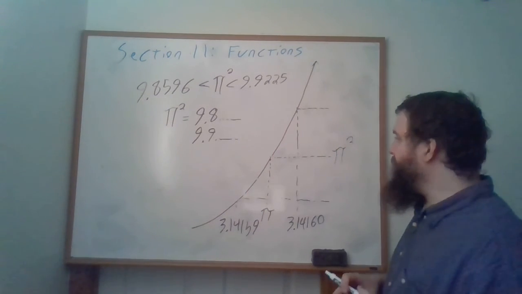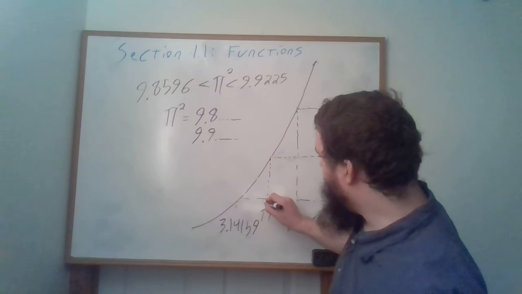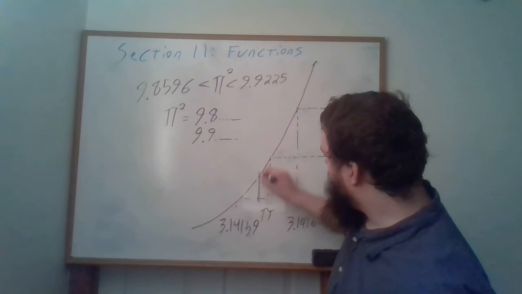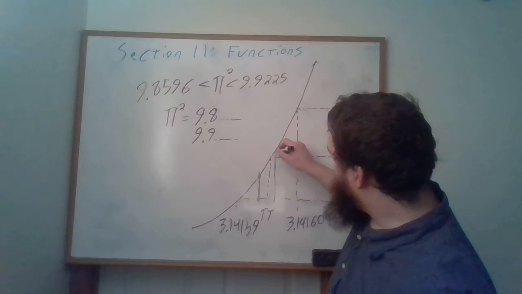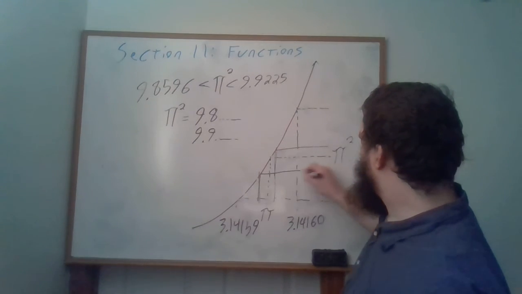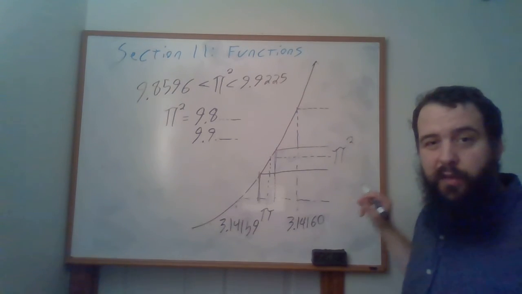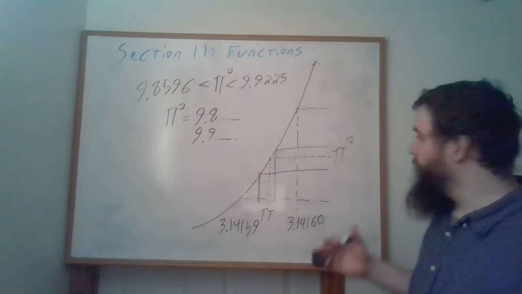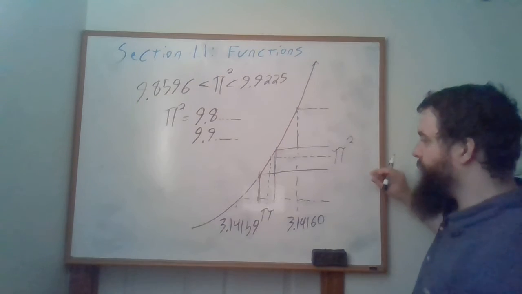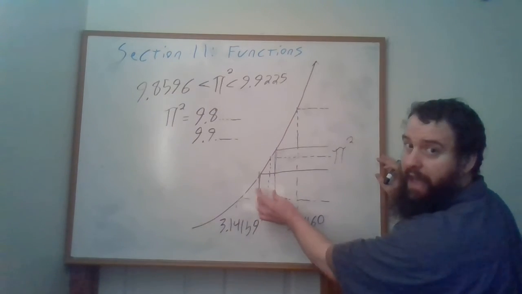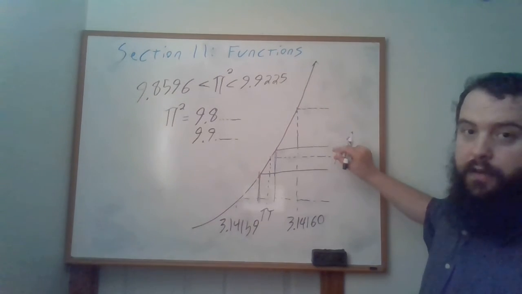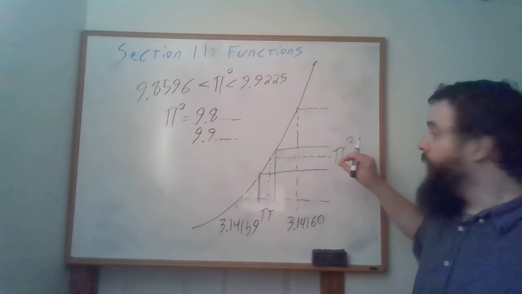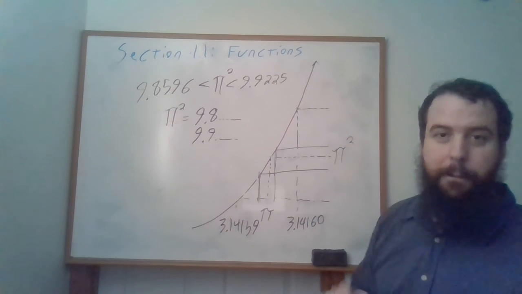And what that means is that when the values of x get closer to pi, the values of y are going to get closer and closer and closer to pi squared. Right? That's what seems to be happening here. As we narrow down the x values, the y values seem to be narrowing down on pi squared.